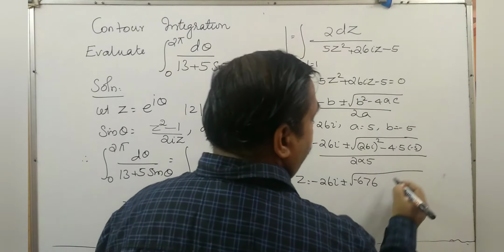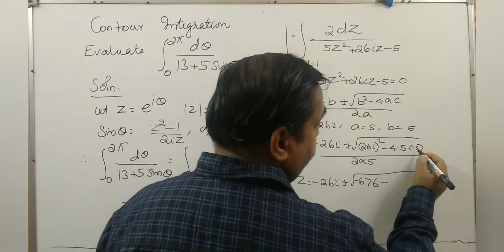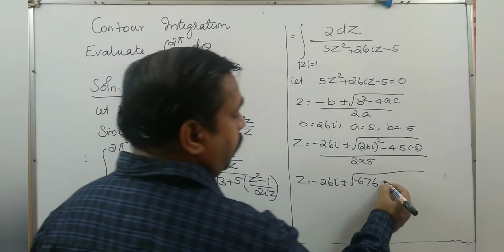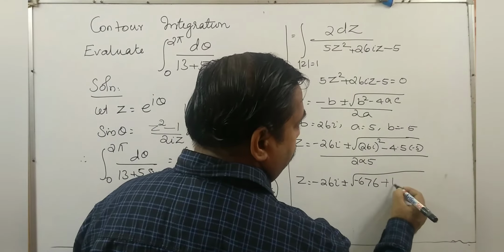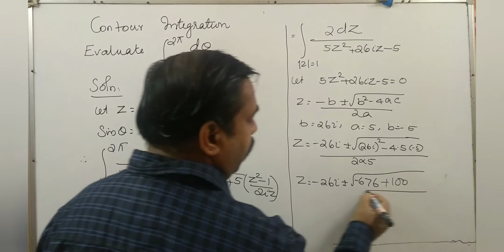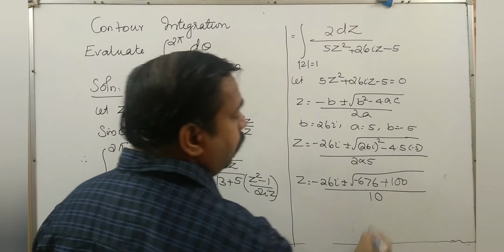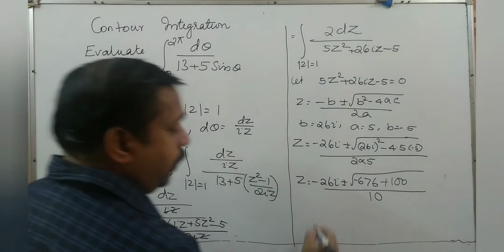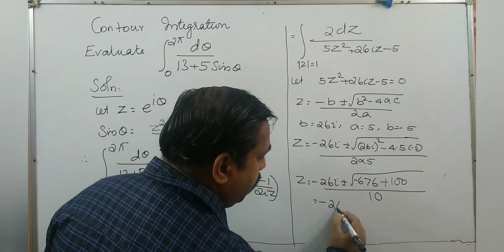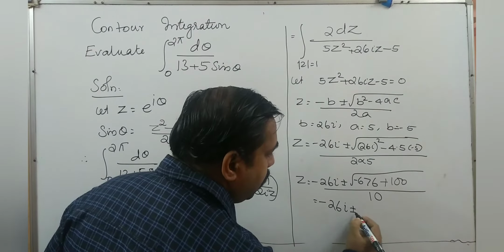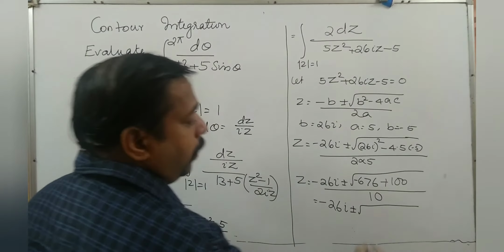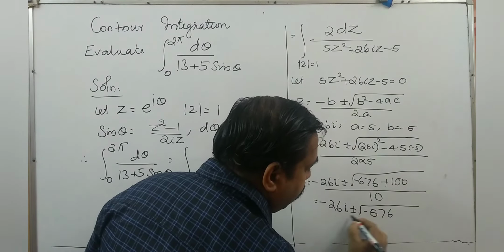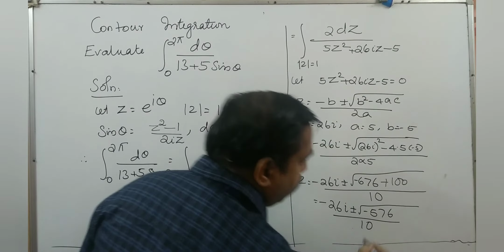Minus 4 into 5 into minus 5, that is plus 100. All divided by 10. Now 676 minus 100 is 576, so that is minus 26i plus or minus root of 576, all divided by 10.